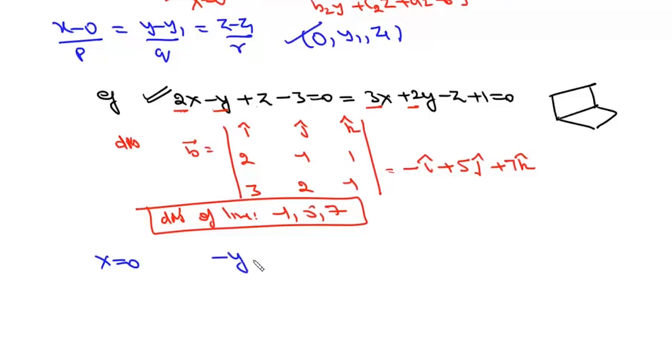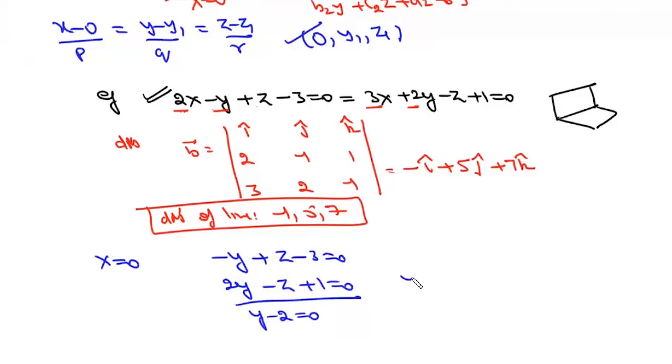Then we can write minus y plus z minus 3 equals 0, and if we put 0 here, we get 2y minus z plus 1 equals 0. Now if we add them, we get 3y minus 2 equals 0, that is the value of y is 2. And if we put y as 2, we'll get z as 5. So one of the points on this line is 0, 2 and 5.